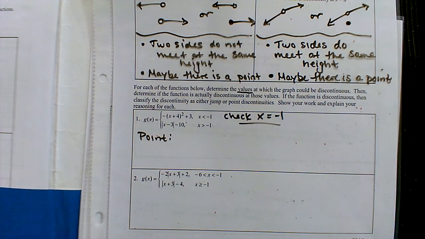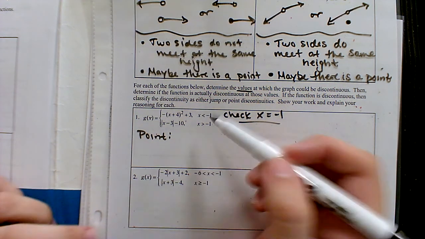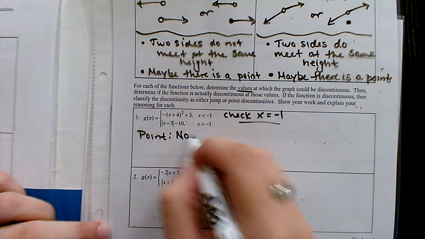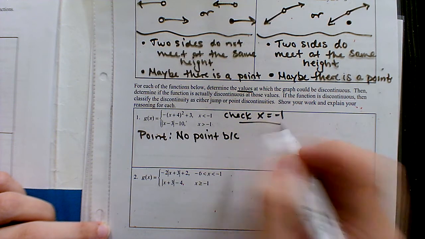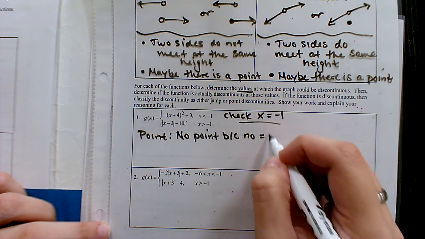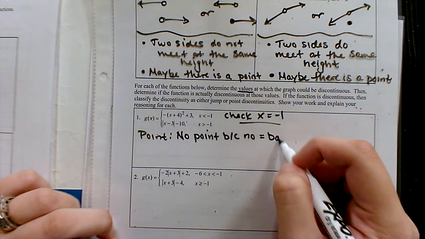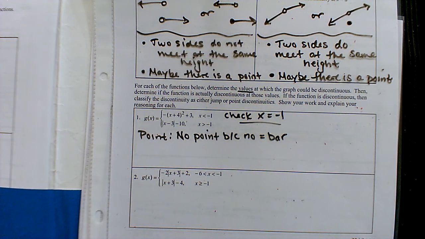Okay, can you plug in -1 into either equation? How can you tell? All right, so we'll say no point because there's no equal bar on either one of those for -1.